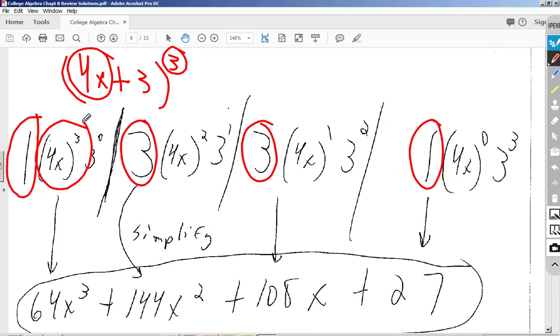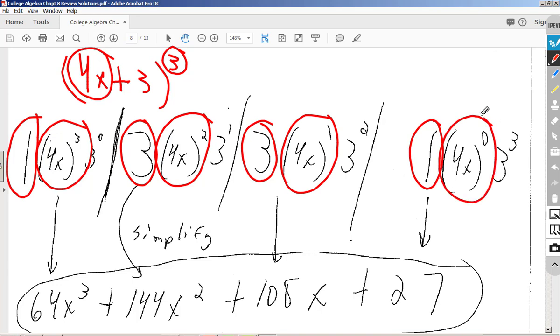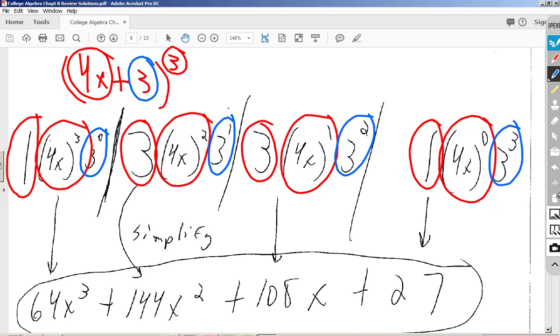So 4x to the third, 4x to the second, 4x to the first, and 4x to the 0. Now my last term, which is positive 3, is going to start at 0 and go up to 3. So 3 to the 0, 3 to the first, 3 to the second, and 3 to the third.